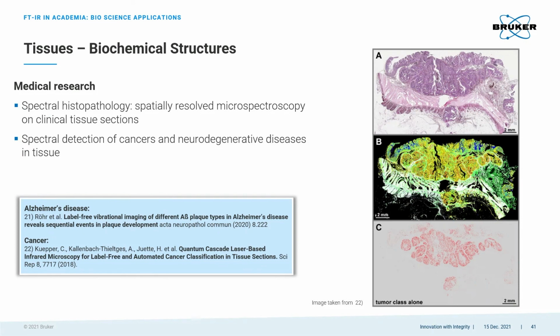The upper image on the right shows the visual microscopic view of a stained tissue section. In the middle, the complete IR image is displayed, and the one on the bottom selectively shows the area that was detected to be cancerous.